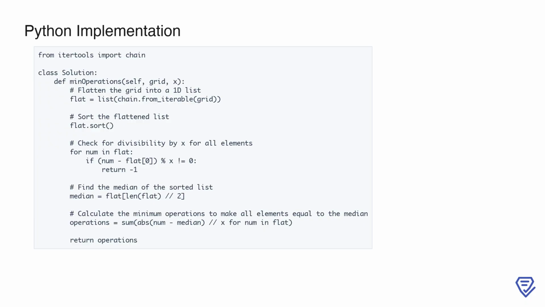Summing these values gives the total number of operations required. 6. Return the result. Finally, the function returns the computed number of operations. If the transformation was impossible, -1 would have already been returned. This approach is efficient, with a time complexity dominated by the sorting step, which is O(n log n), where n is the total number of elements in the grid.